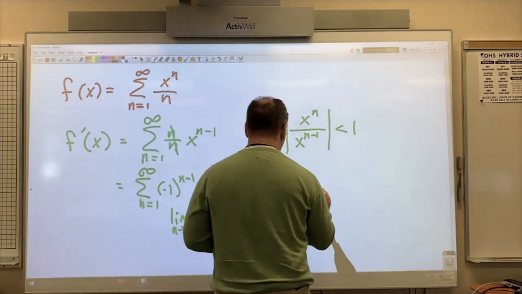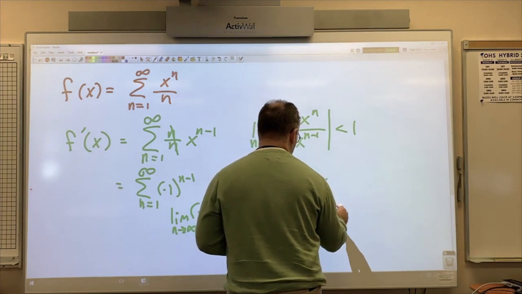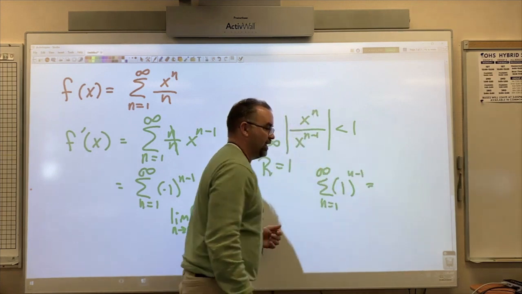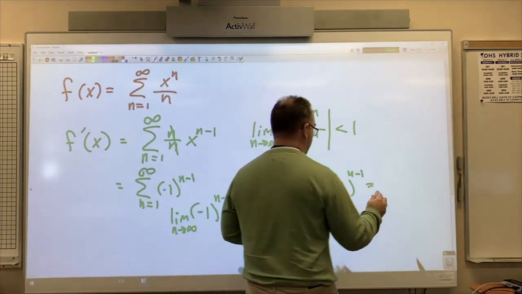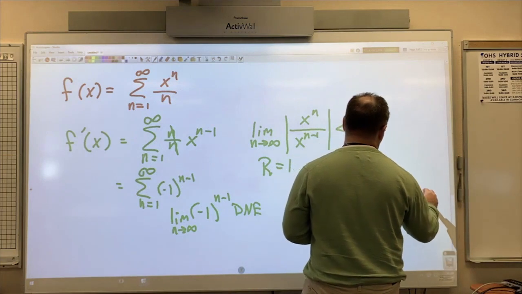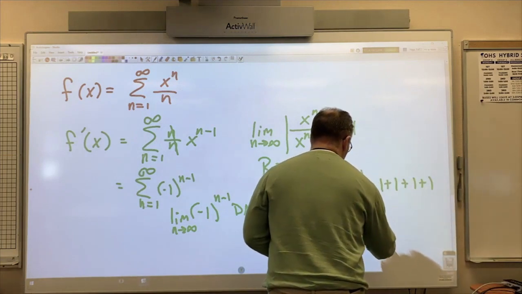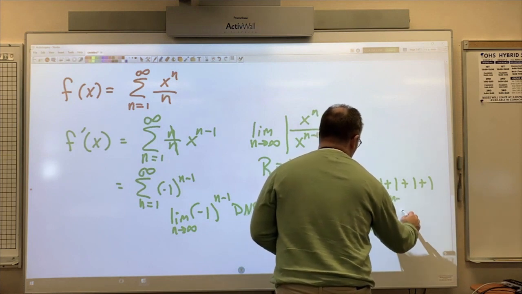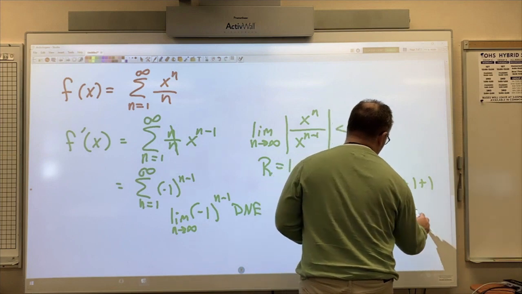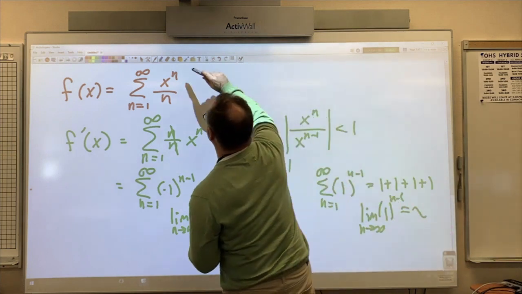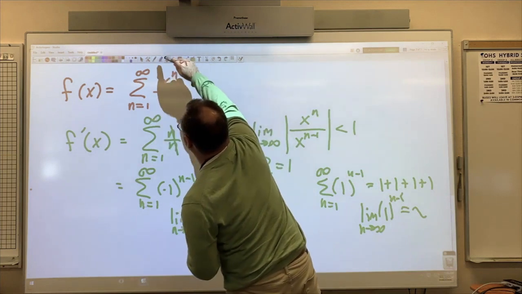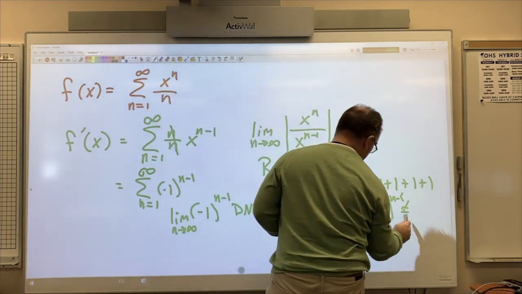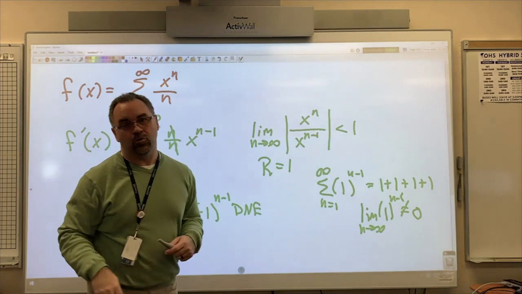And at the other endpoint, that's just 1 plus 1 plus 1 plus 1 plus 1. Or another way to put it is as n goes to infinity of 1 to the n minus 1, we get not 0, we get 1.